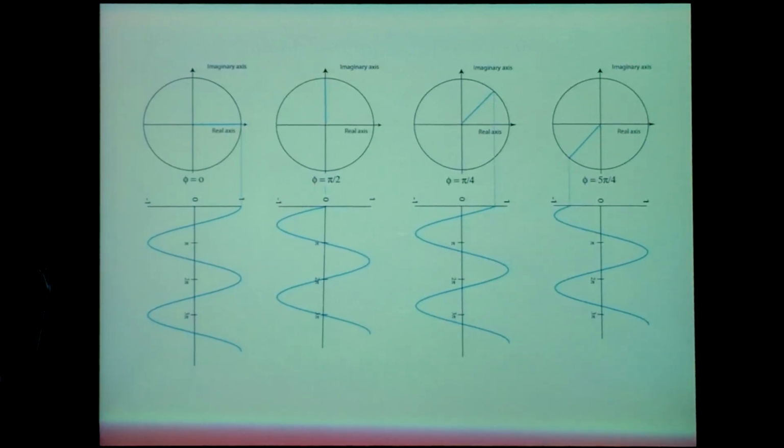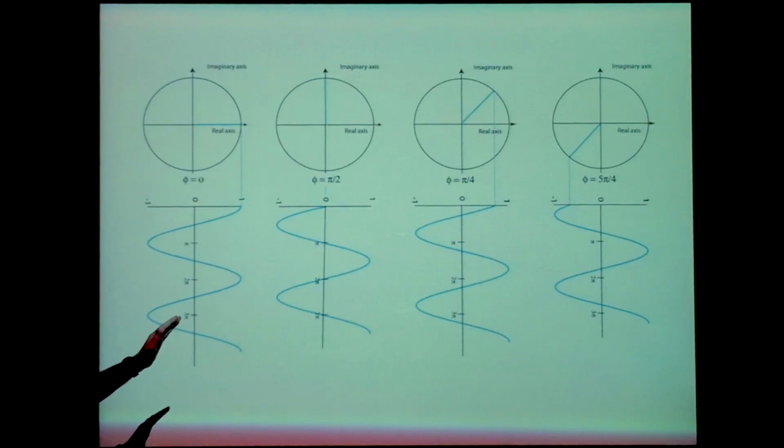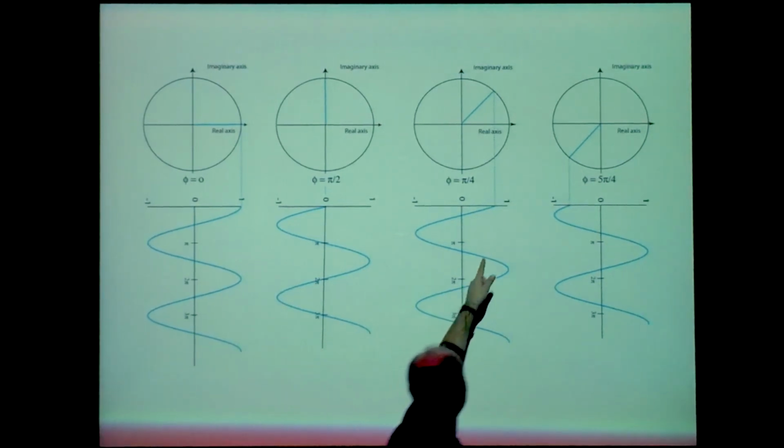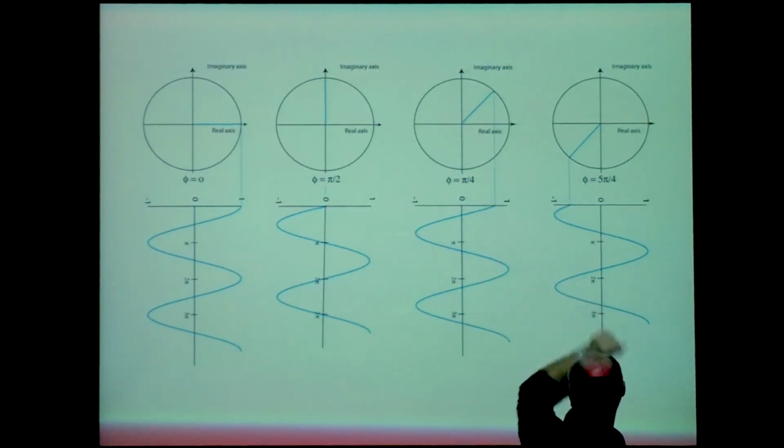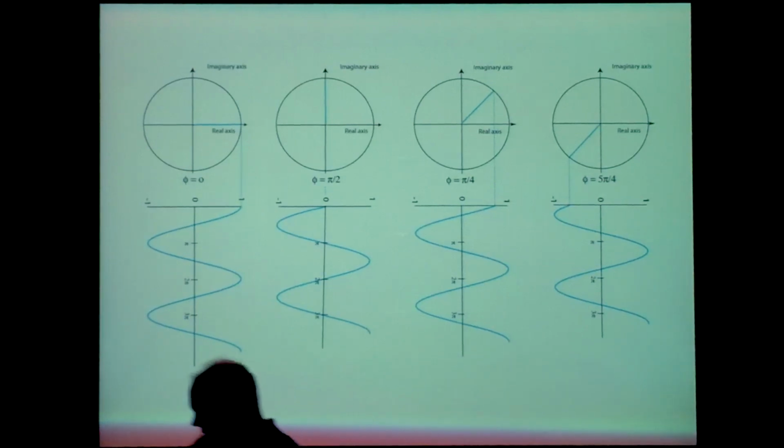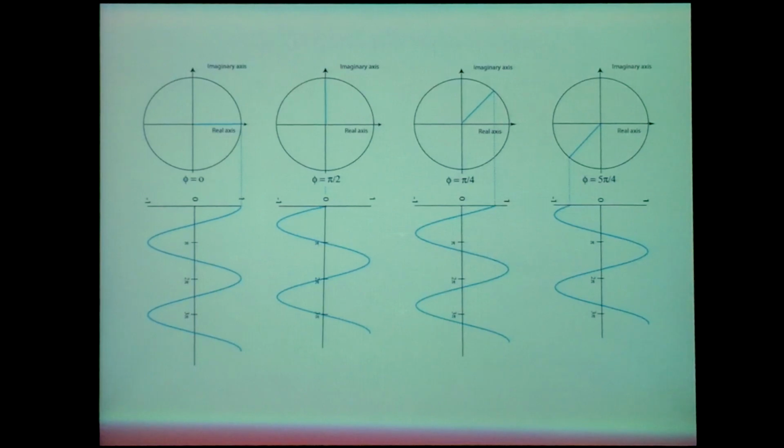And if I propagate that down, the intensity at that point is at the 0 position. Now if I move in phase to that point and propagate it down, the intensity is there. If I move here, the intensity is there. So the Argand diagram is describing both the phase of the wave and the amplitude at the point where I sample that wave.